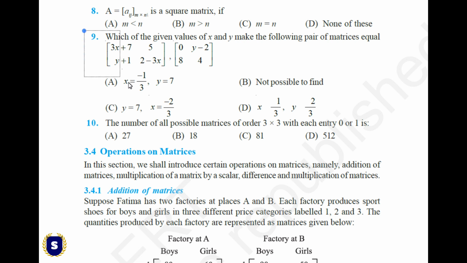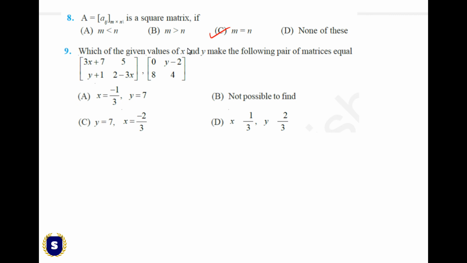Question number 9, that is an MCQ. Which of the given values of x and y make the following pair of matrices equal? So basically we need to calculate the values. From the first element A11 we get 3x plus 7 is equal to 0.